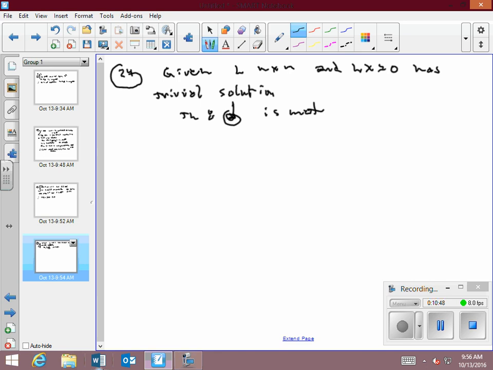So that's what that would say. And then what you could say is L spans Rn, because if theorem 8d is true, then theorem 8h is true.